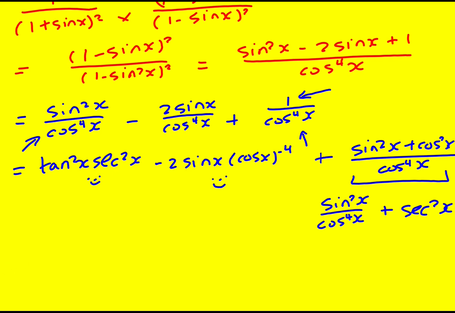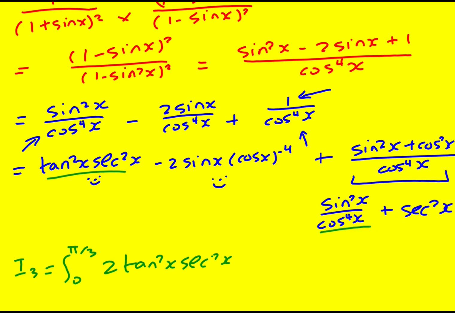So actually, I can just write the full integral down now. I3 is going to be the integral from 0 to pi over 3 of 2 tan squared x sec squared x. See, because I've got one here and I'm adding another one on. Then it'd be minus 2 sine x cos x to the minus 4. That's okay.